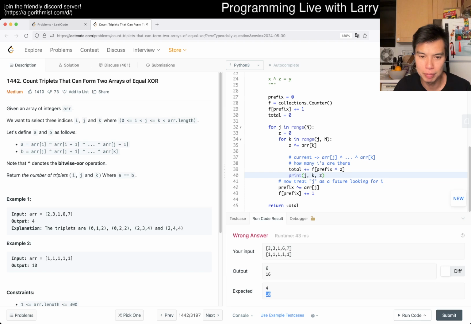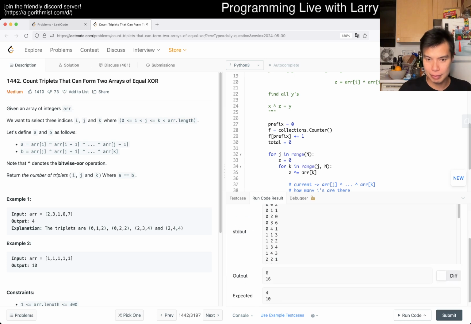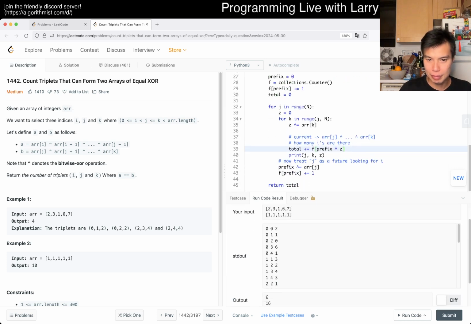Well, this one should be, was it 5 choose 3? No, it's not choose, because J could go to K, that's why. But why did we return more? Let's take a look real quick. What is this printing for? I guess that's a little bit easier.